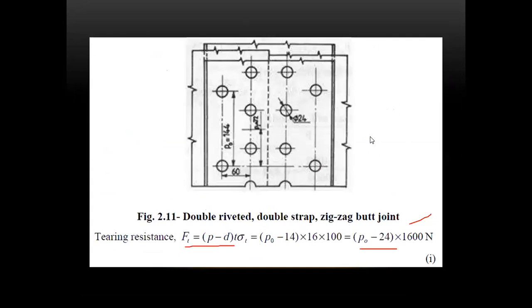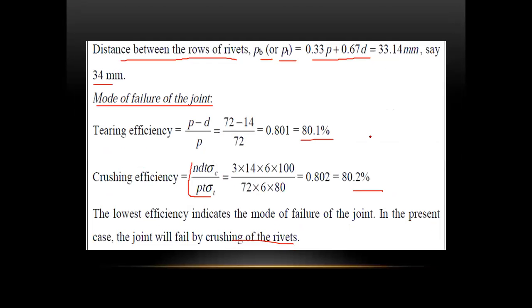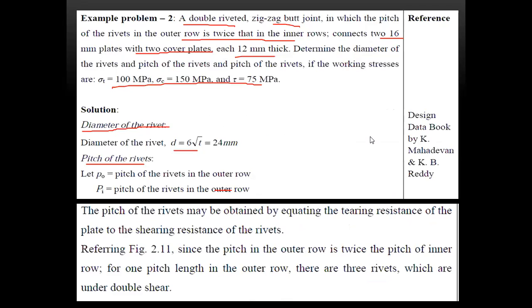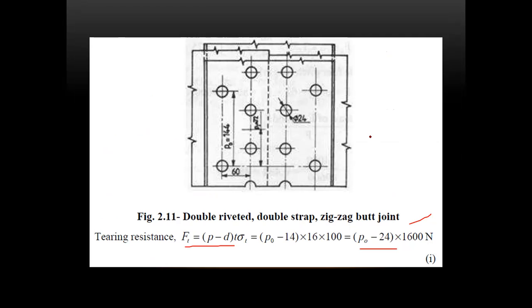So we learned design of boiler joints, design of riveted joints, and what the methods of failure are, right? So practice these problems and questions. In the exam you will get what are the methods of failure of riveted joints, what are the types of riveted joints, or problems associated with riveted joints.